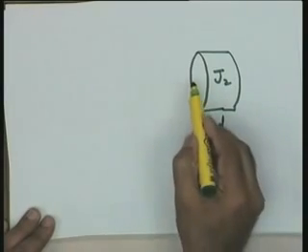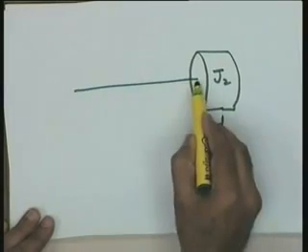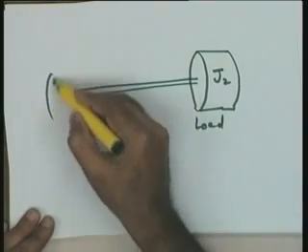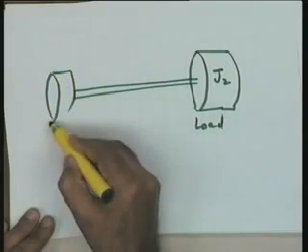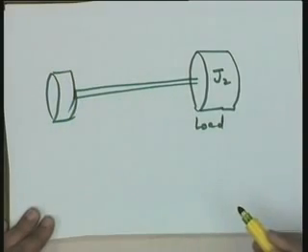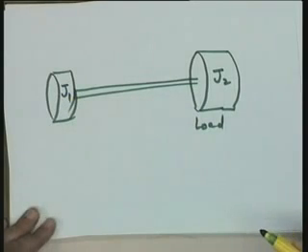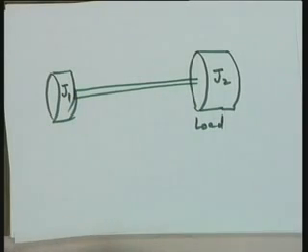Okay? This is driven by a motor, and let me say the rotor of the motor and other rotating parts have inertia J1. I am making the system a little complex compared to the system we have handled earlier.